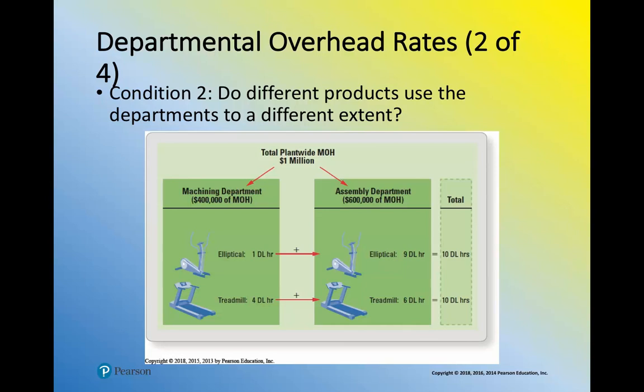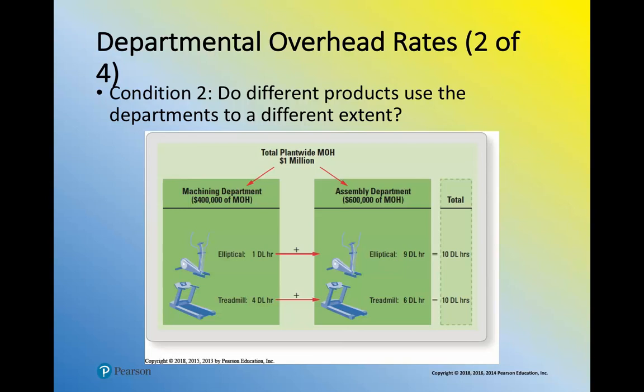And so in our example here, we can see on the right-hand side, our total hours are 10 for each one of our products, but the elliptical requires 1 direct labor hour in the machining department, 9 direct labor hours in the assembly department. Whereas the treadmill job, again, still 10 direct labor hours. However, 4 are required in the machining department and 6 are required in the assembly department.